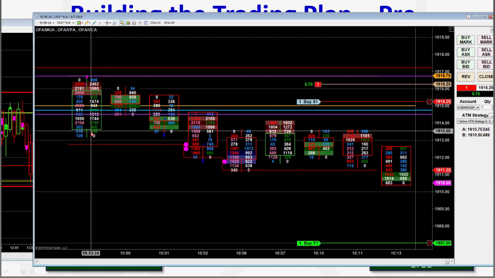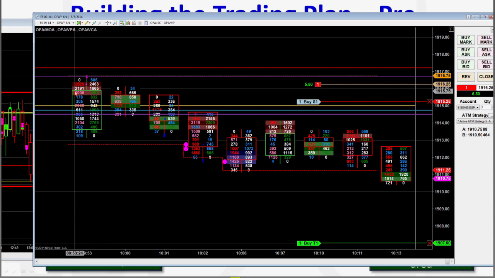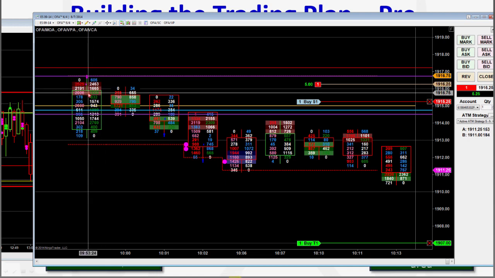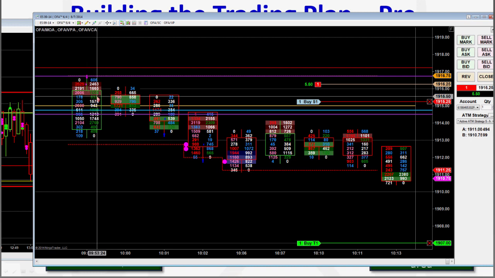What all this means is in this bar, this is where the most volume came into the market. And of those three prices, the overall context for that volume was at the bid. That's technically what it means.